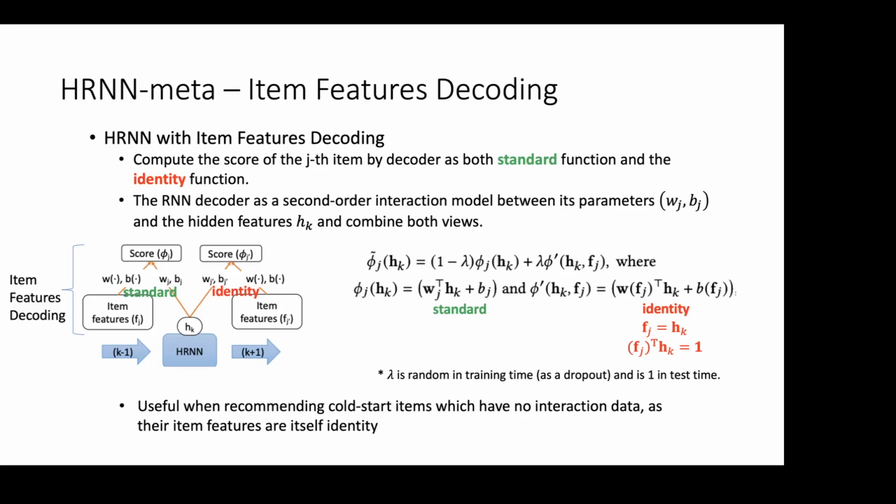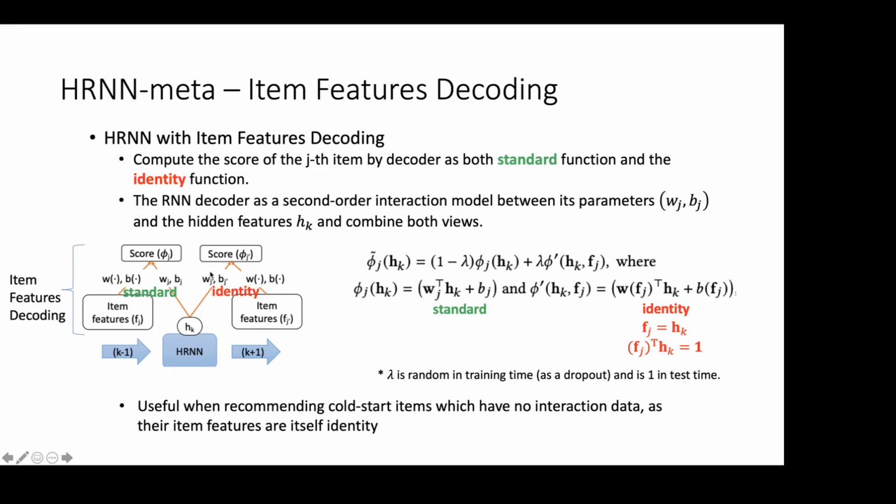Item feature decoding. The item feature decoding is, of course, in the decoding phase, and it actually computes two sets of scores. One is done by the standard way, but the other is done in a peculiar way.